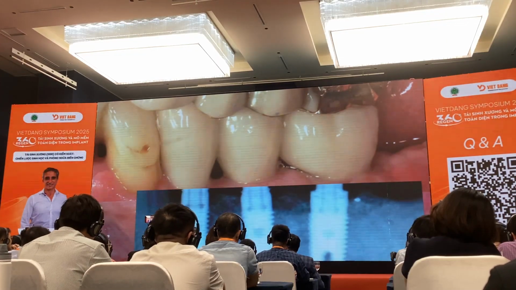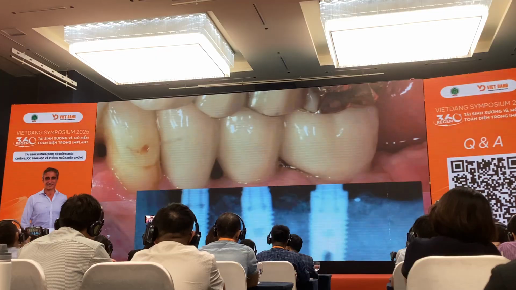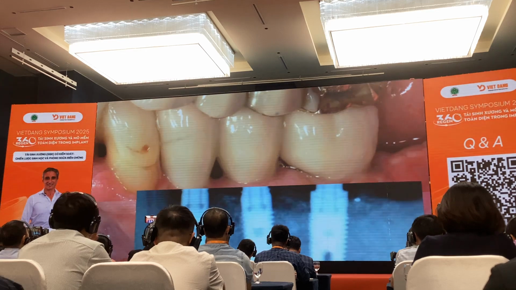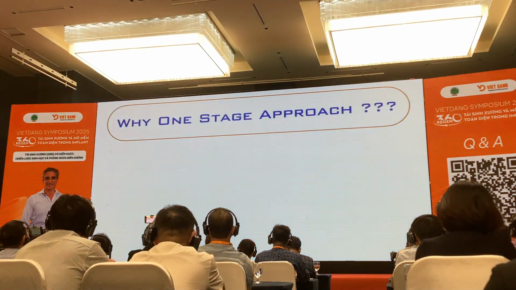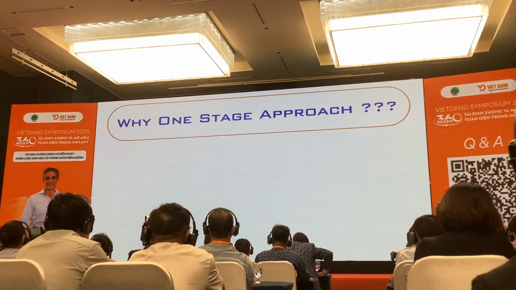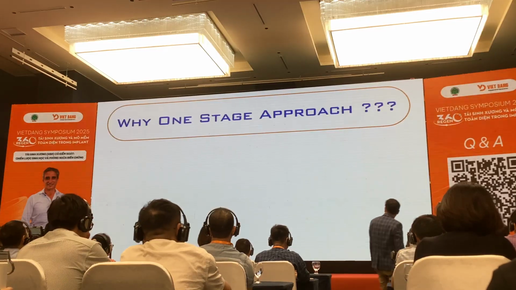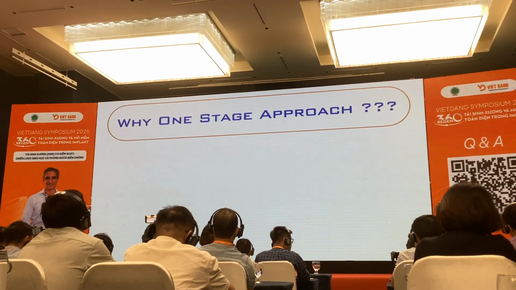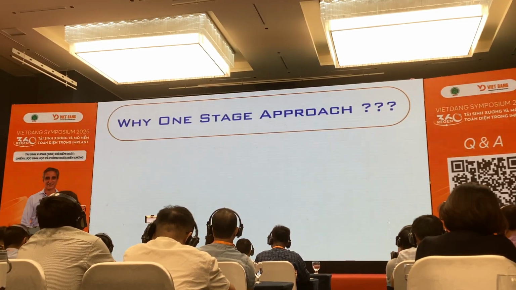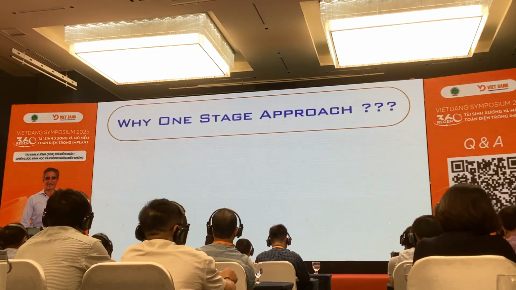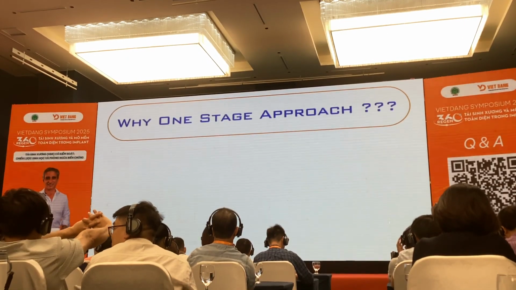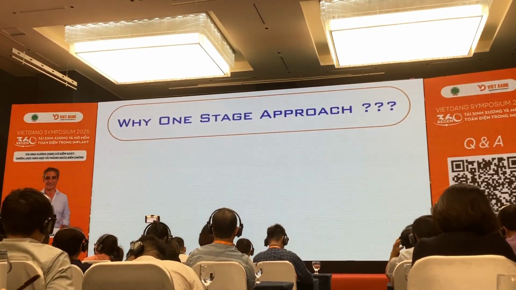The combination of the vertical and horizontal bone regeneration and the immediate placing of the implants. Why one-stage approach? I can tell you that we have several reasons for why the one-stage approach is good, and others for which the two-stage approach is better. There isn't only one ideal option.